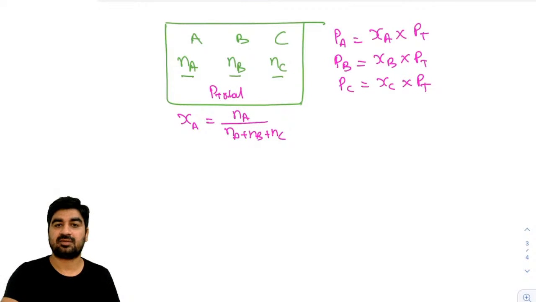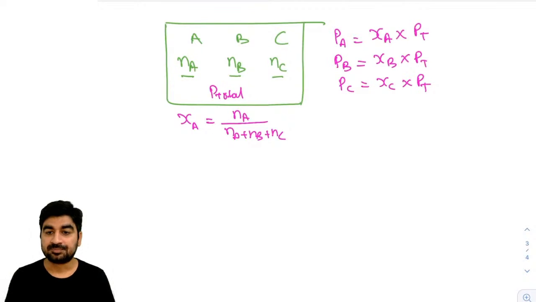Please ask me if you have any doubt. No doubts? So if you have solved it, guys, now partial pressure you know, and mole fraction you know, how to calculate.